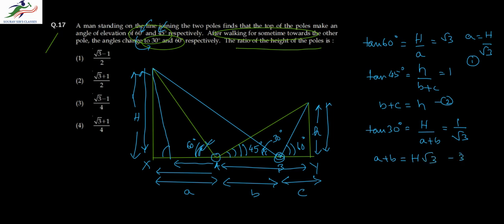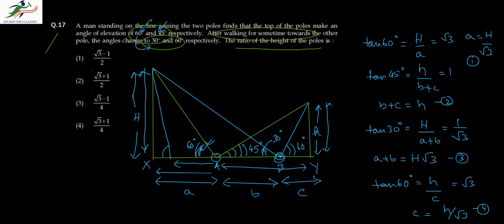So this is my third equation. And tan 60 again is the height of the small pole h divided by the distance, which is C, and tan 60 as we saw earlier is root 3. So therefore C is equal to small h divided by root 3. So this is my fourth equation.